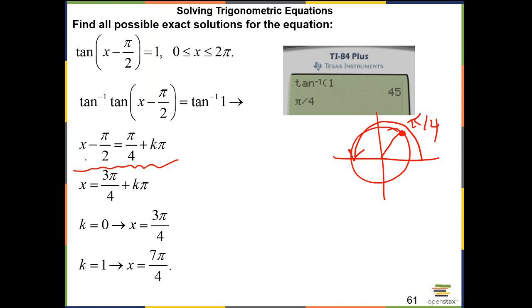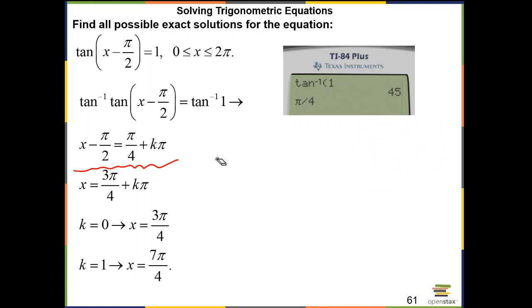But we are not done because we didn't want solutions for this. We want solutions for x. So what do we do? We isolate x. So x is pi over 4 plus pi over 2. If you bring it over here and add pi over 2, pi over 2 is 2 pi over 4 plus 1 pi over 4 is 3 pi over 4 plus k pi.